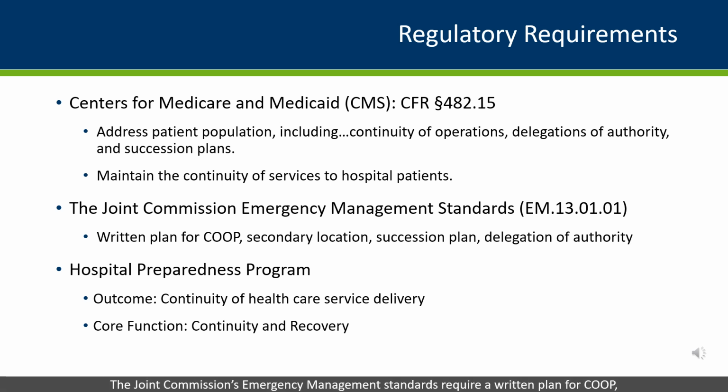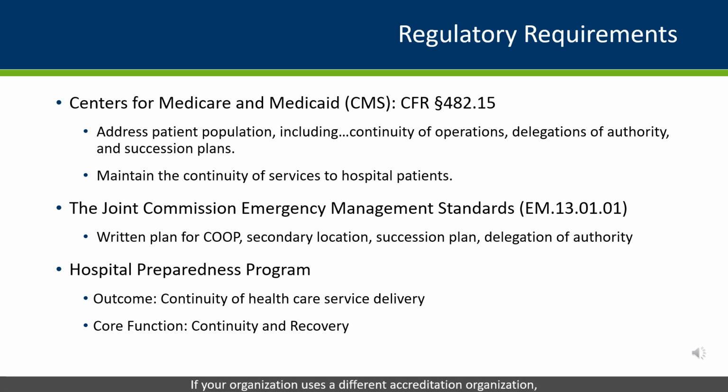The Joint Commission's emergency management standards require a written plan for COOP, a secondary location, a succession plan, and delegations of authority. Finally, the Hospital Preparedness Program has continuity of healthcare service delivery as an outcome and has listed continuity and recovery as a core function.